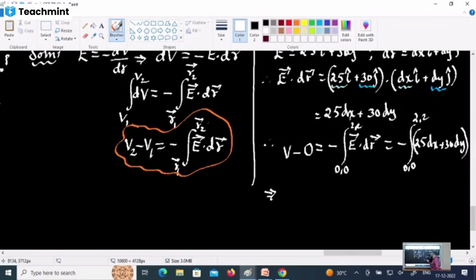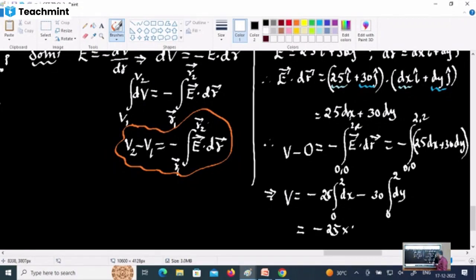All that remains on the left hand side is V. V is equal to minus 25 integral of 0 to 2 dx minus 30 dy between 0 to 2. I think these integrations are so simple that I can skip some steps and write the final expression here. Minus 25 into 2 minus 30 into 2, that will give you minus 110 volt.